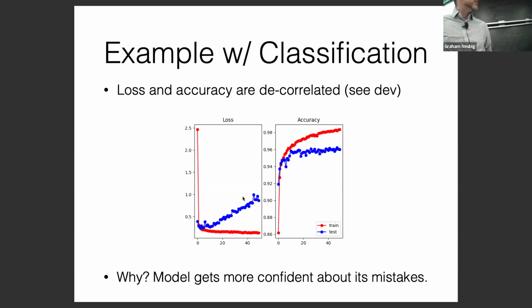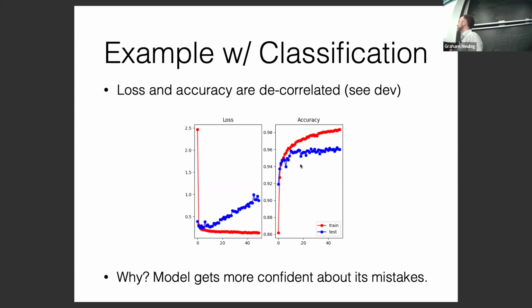But the problem here is basically because the loss, you're calculating the likelihood of the correct answer. And the likelihood of the correct answer is the probability of getting the correct answer. The accuracy is the number of times you're getting the correct answer. So as you train a model to get more and more confident, it gets better and better at getting more answers correct, but it also gets more and more confident in its answers.